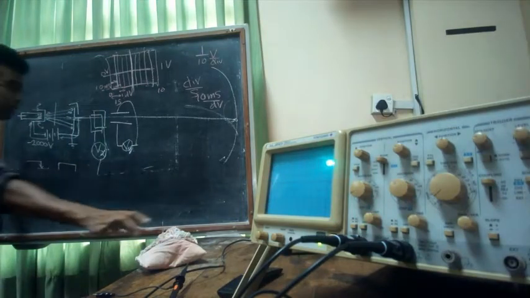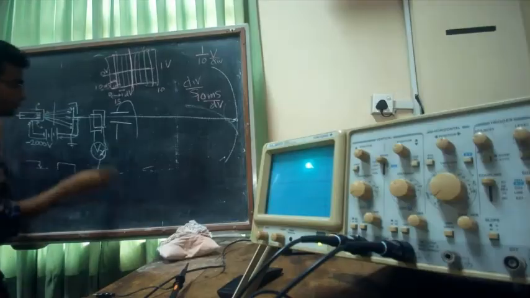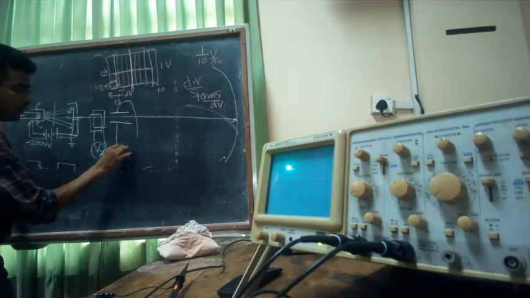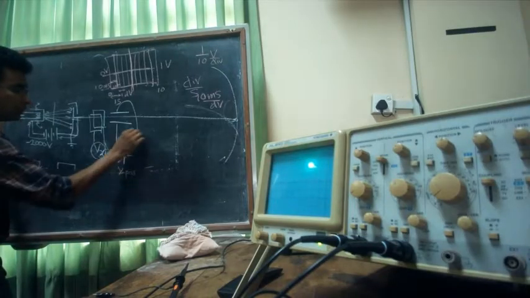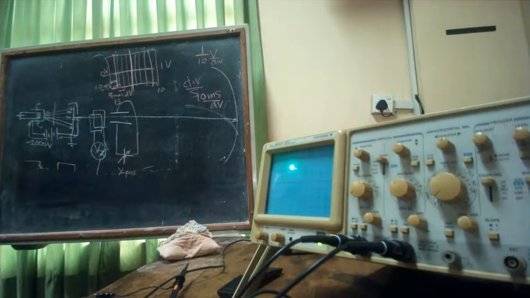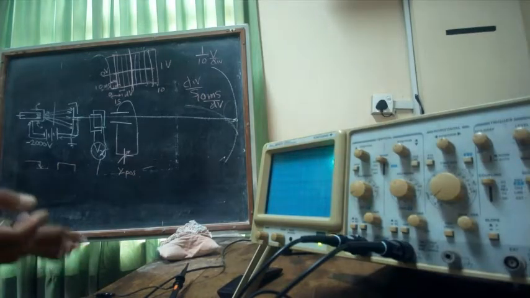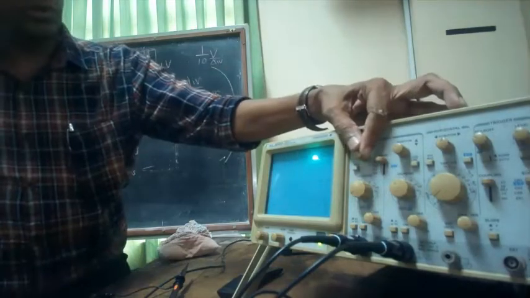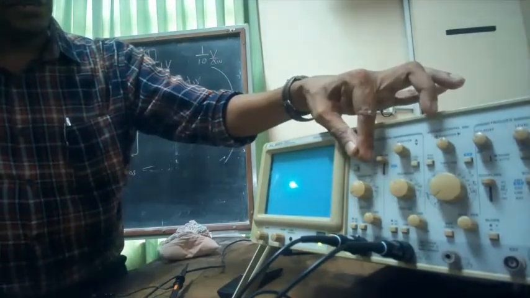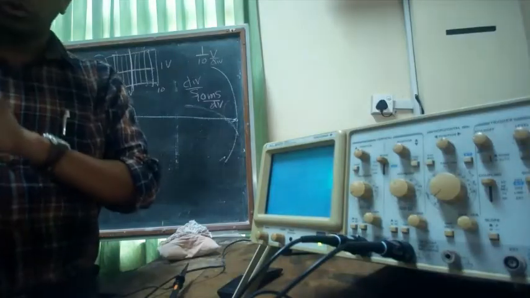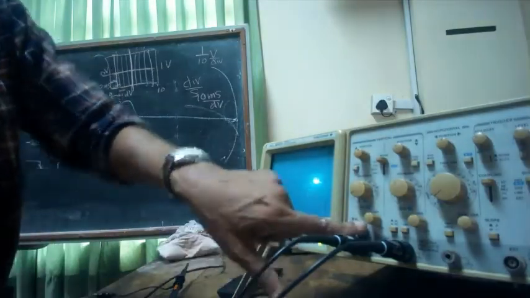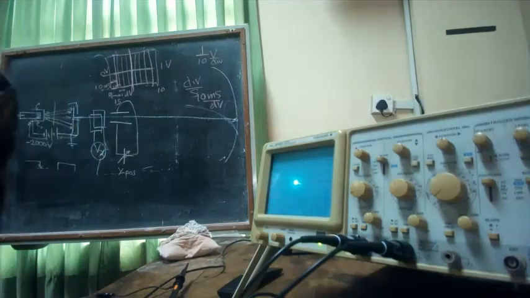So what it does is basically give a variable voltage. This is the Y position. By changing that Y position control, I can get it into any place I want. Typically what you have to do is put it into ground so that you know the signal is 0.